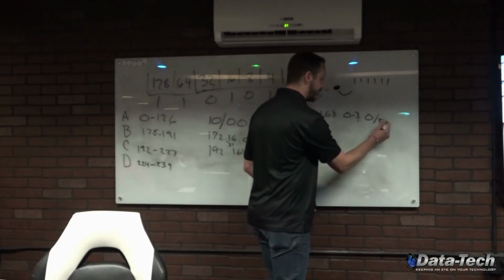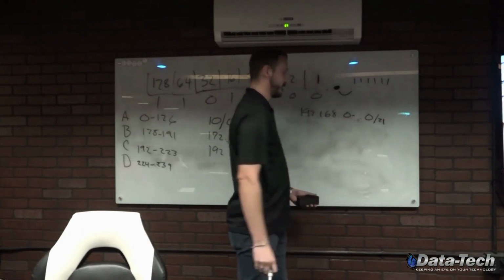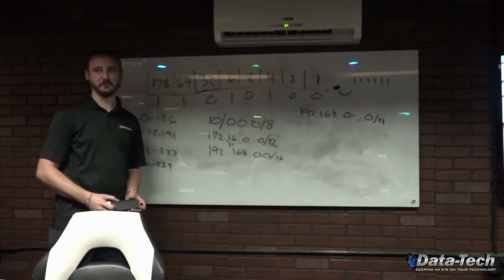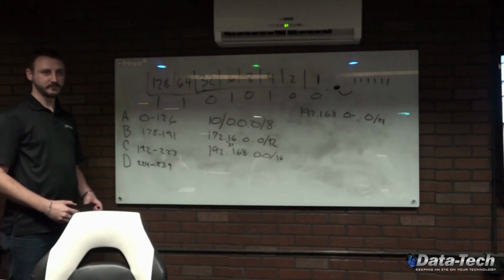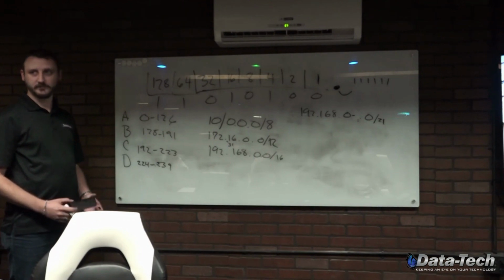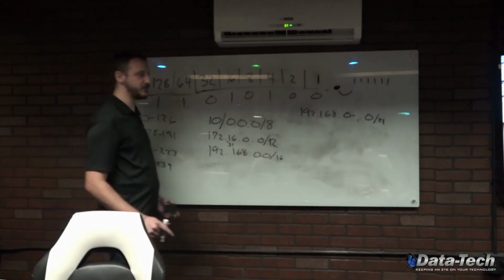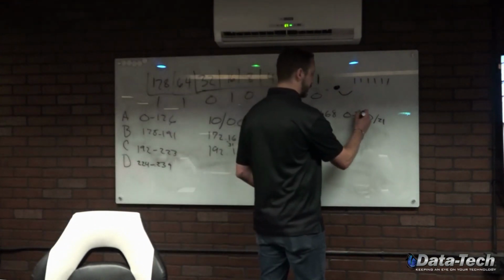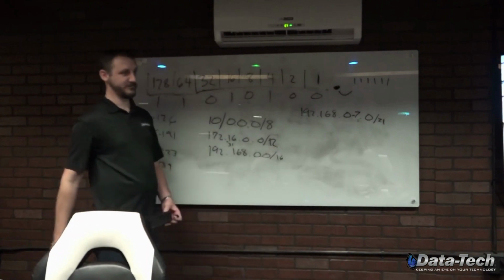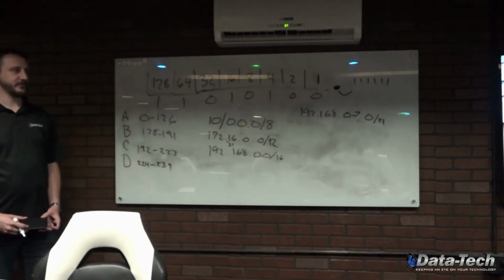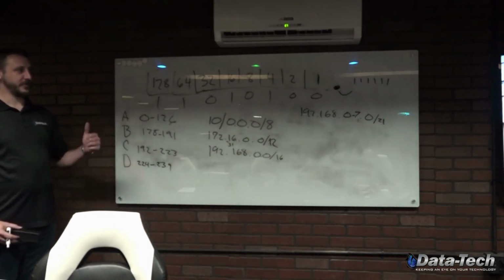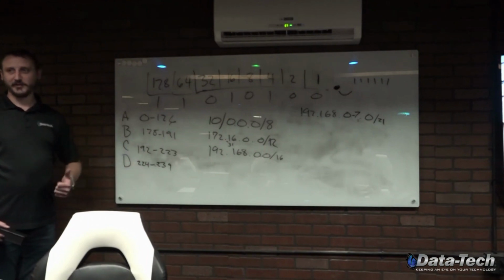21. Give me one. 0 through 7. If you thought 8, you weren't counting 0.